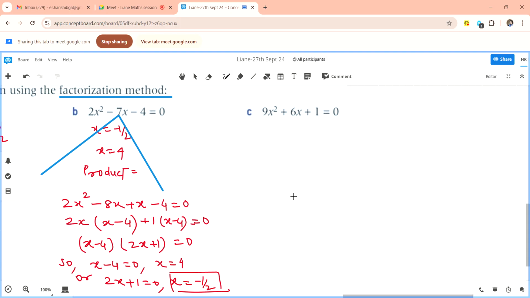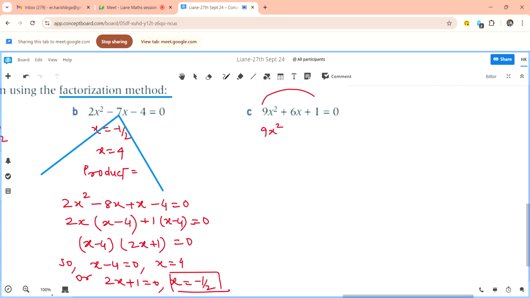Just only one solution, -1/3. Yeah, okay. And how did you figure that out? By factorizing it. And what are the factors here? 3x plus 1.